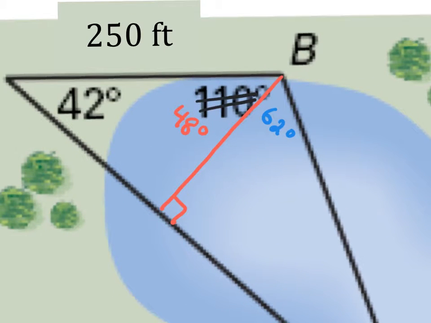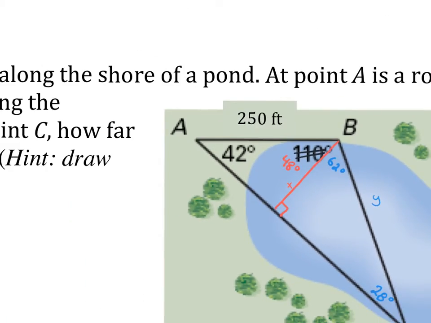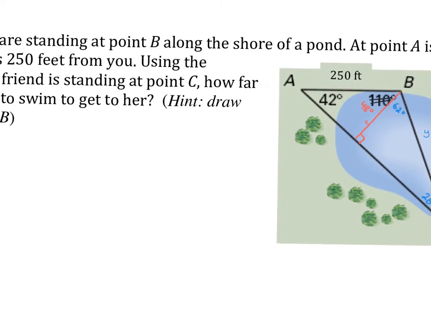I'm going to label that x, and then over here I'm going to label the ultimate answer y. So based on this right triangle here and at 42 degrees, this is opposite over hypotenuse, so I need sine. So the sine of 42 degrees is going to be x over 250. So x is approximately, again, I need to multiply 250 on both sides, 167.3 feet.